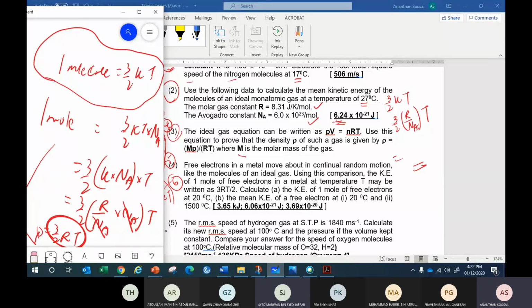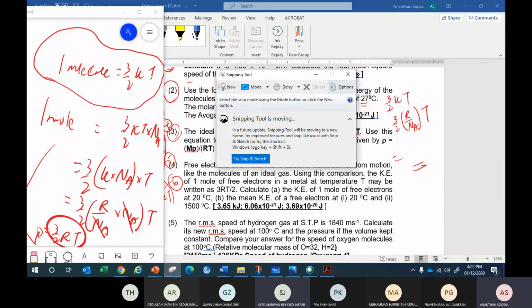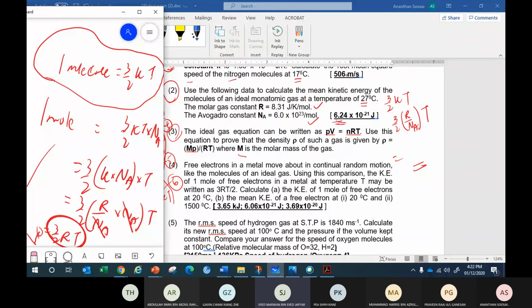Okay, now check the answer for the first one. Kinetic energy of 1 mole of free electron at 20 degrees Celsius. The temperature must change to Kelvin. You can't put degrees Celsius. You get 3.65 kilojoule.